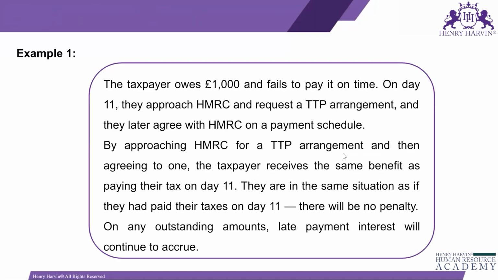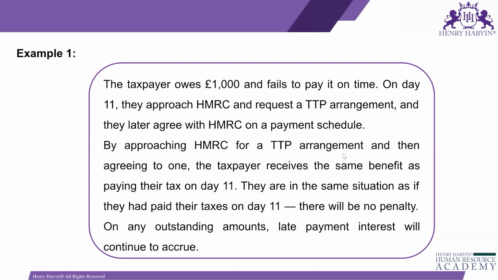Now let's see one more example. The taxpayer owes £1,000 and fails to pay it on time. On day 11, they approach HMRC and request a TTP arrangement, and they later agree with HMRC on a payment schedule. By approaching HMRC for a TTP arrangement and then agreeing to one, the taxpayer receives the same benefit as paying the tax on day 11, because it is already late.